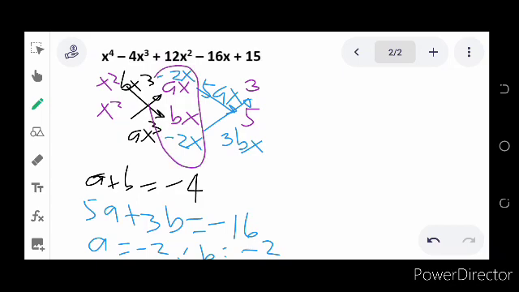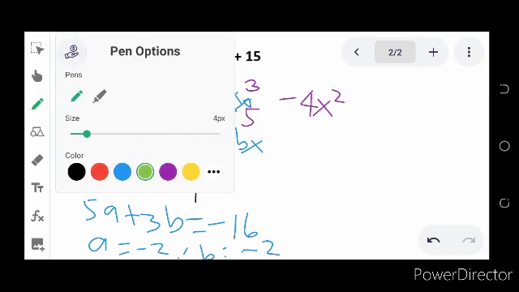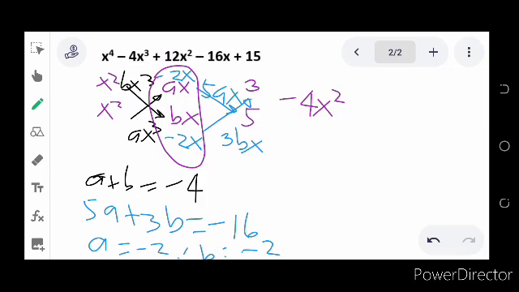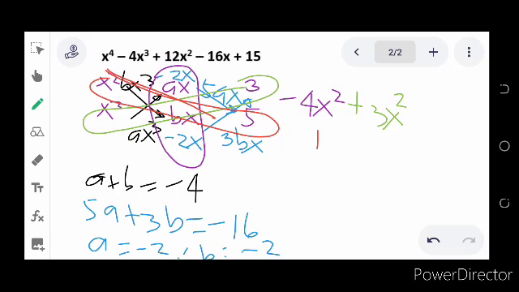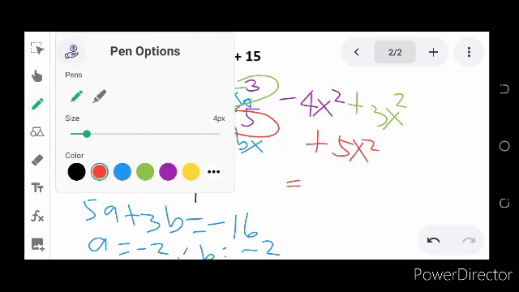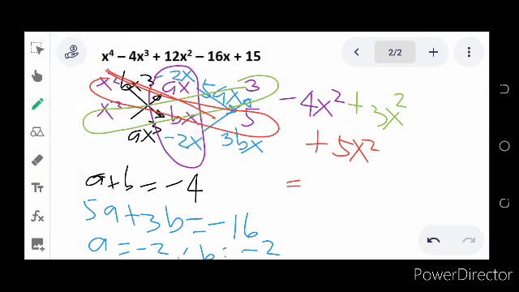You have negative 2x times negative 2x, that is positive 4x squared. Then you multiply 3 and the x squared, that's positive 3x squared. And then lastly, you multiply this one here and the 5. So you now have plus 5x squared.